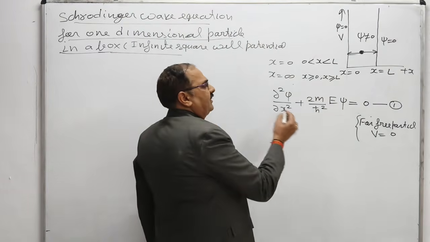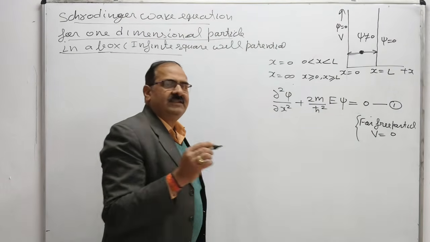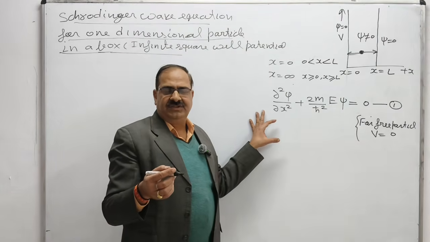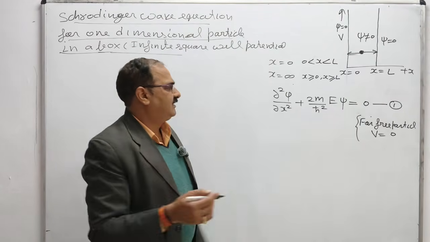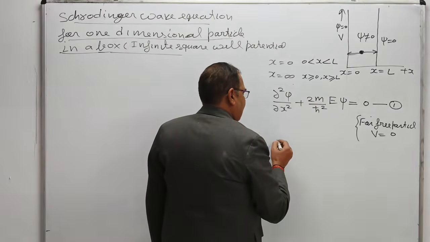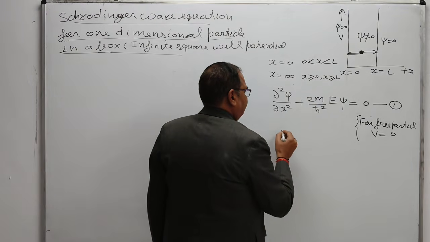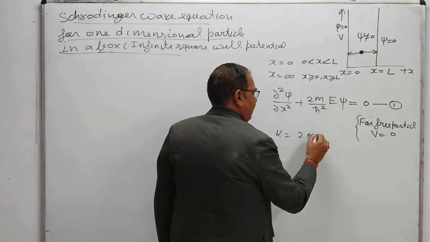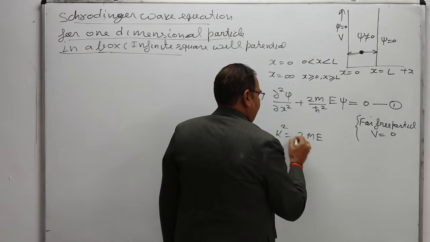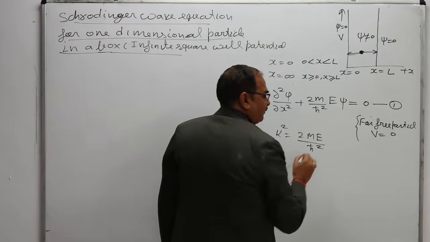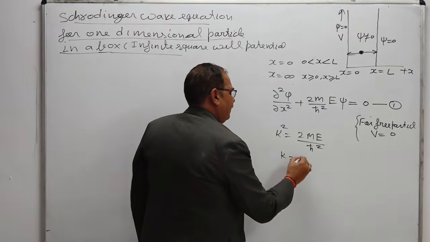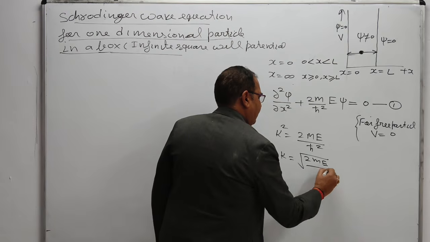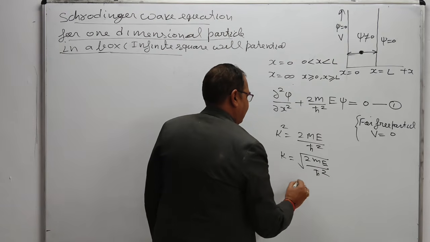For such equations, the solution of this equation, k is equal to 2mE upon h bar square, or k is equal to under root 2mE upon h bar square.